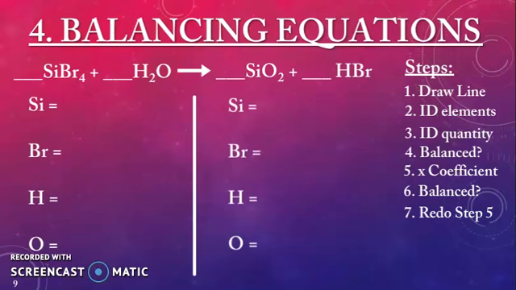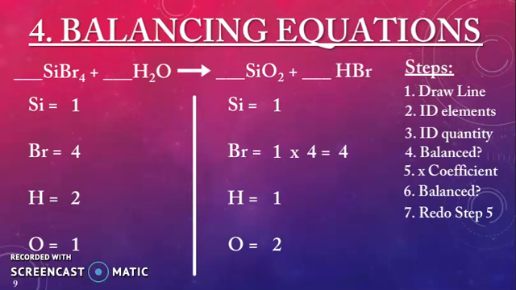So we have 4 elements this time, silicon, bromine, hydrogen, and oxygen. They're on both sides. Let's do some counting. So I have 1 silicon, I have 4 bromines, I have 2 hydrogens, and I have 1 oxygen. That's on the reactant side. Let's look at the product side. I have 1 silicon, 1 bromine, 1 hydrogen, and 2 oxygens.